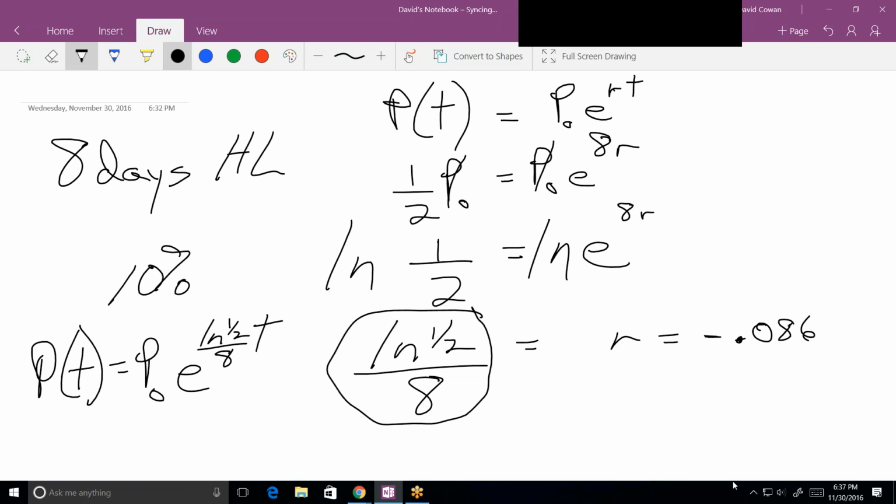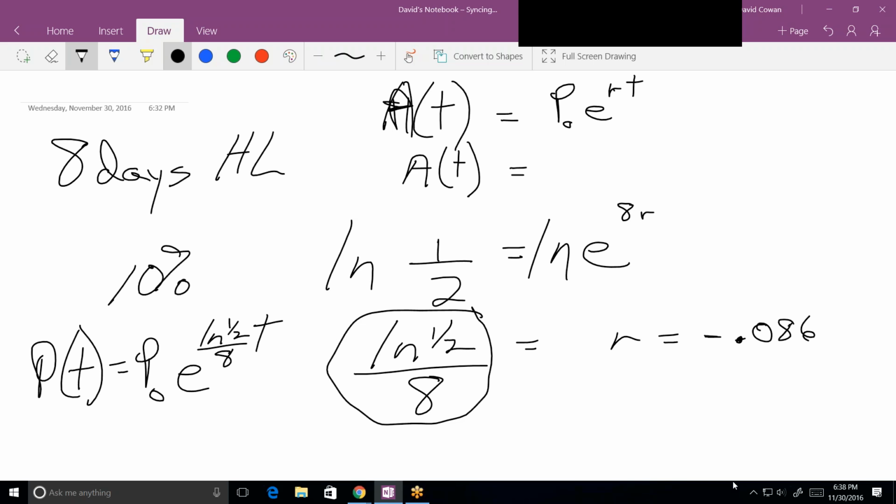So, now do we know the specific equation for this model? Yes. That's the next step. Tell me what it is. What's the specific equation that governs this radioactive material? P of t. Okay, and I might even call it A of t, because that's amount. Let's call it A of t. P of t for populations, amounts for radioactive.